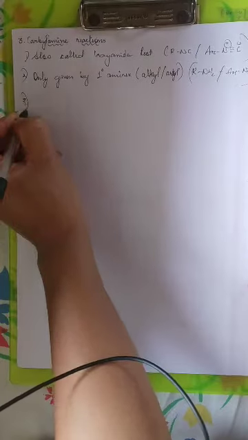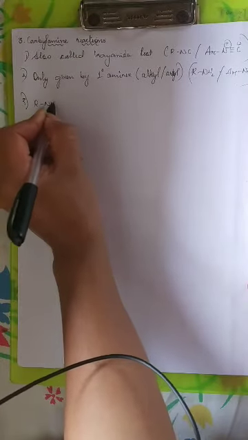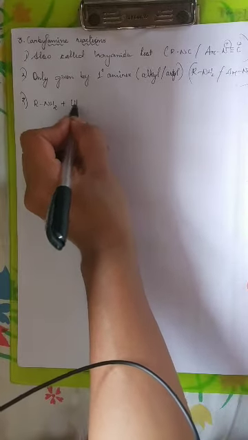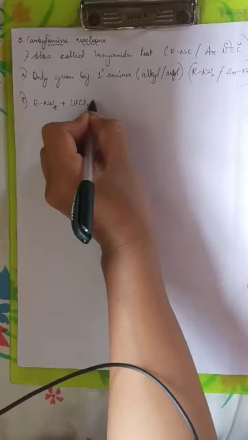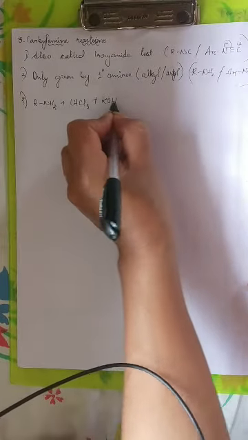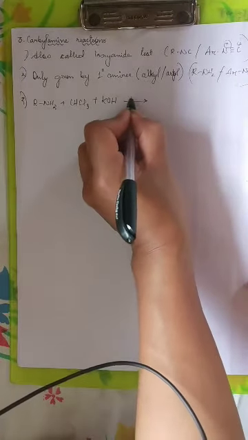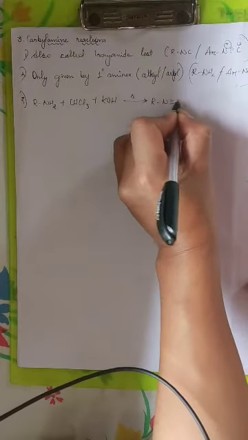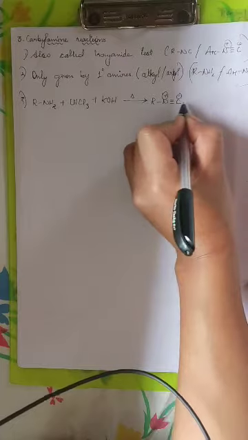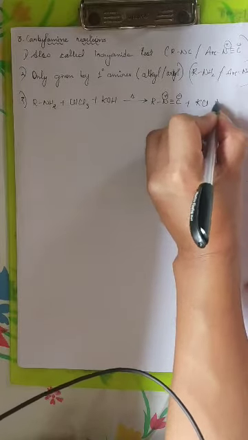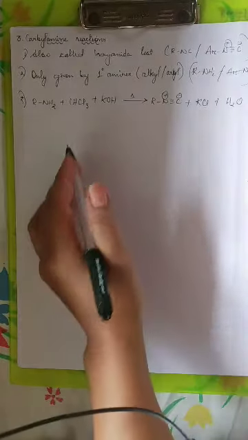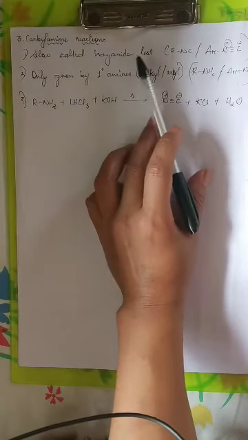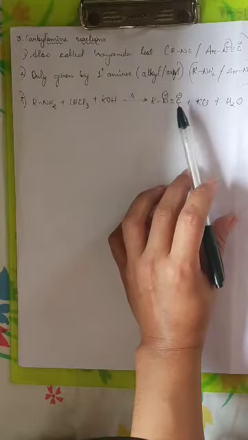Now in this reaction, the primary amine reacts with CHCl3, chloroform, plus, in a basic medium, potassium hydroxide, and when it is heated, we get our resulting product, that is isocyanide, plus KCl plus H2O. This is why the reaction is also known as the isocyanide test, because there is formation of an isocyanide here.